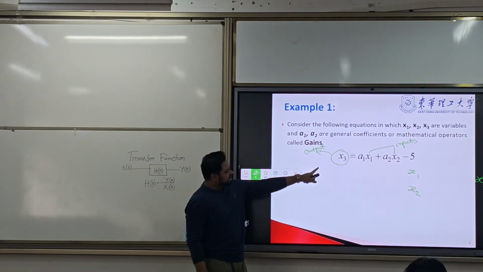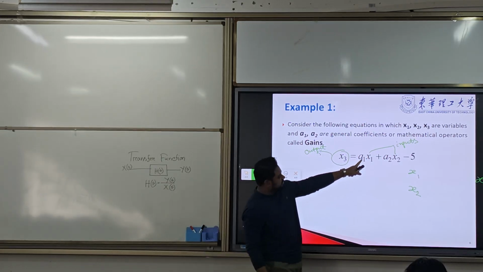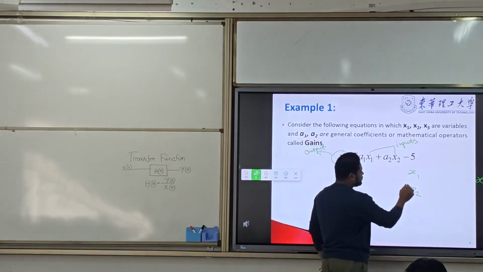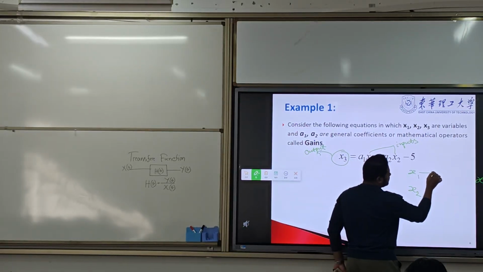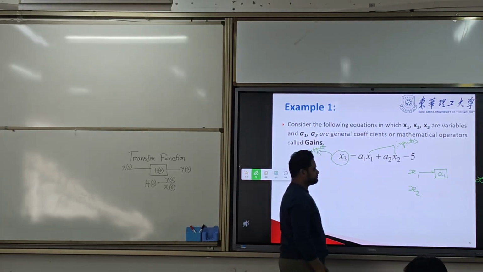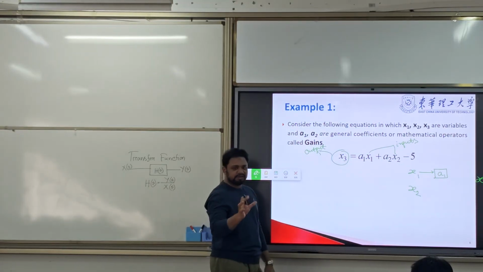Now here we have a1 x1 plus a2 x2 minus 5. So this x1 is multiplied with a gain a1. So we will have a block that will have a1, because it will give you some multiplication.